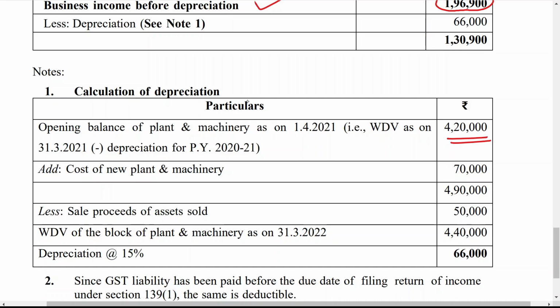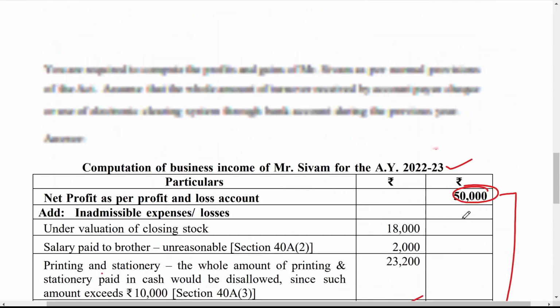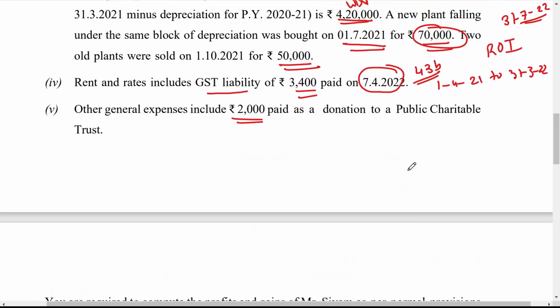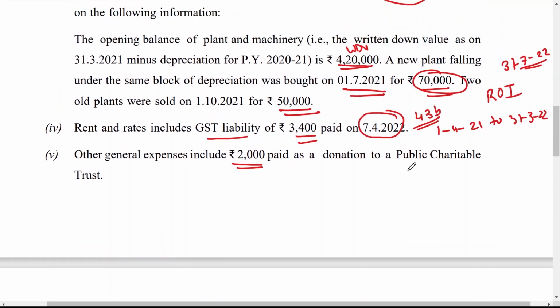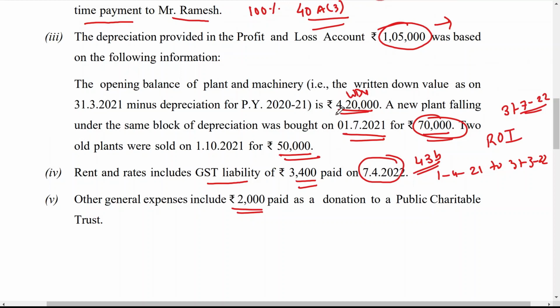Now sale proceeds of the asset sold, 50,000. So 4,90,000 minus 50,000. So what is the WDV of the block of plant and machinery as on 31st March 2022? 4,40,000. And depreciation is applicable at 15%. That means if you charge depreciation on plant and machinery, 15% is applicable. But here no depreciation rate is given, the information is not provided.